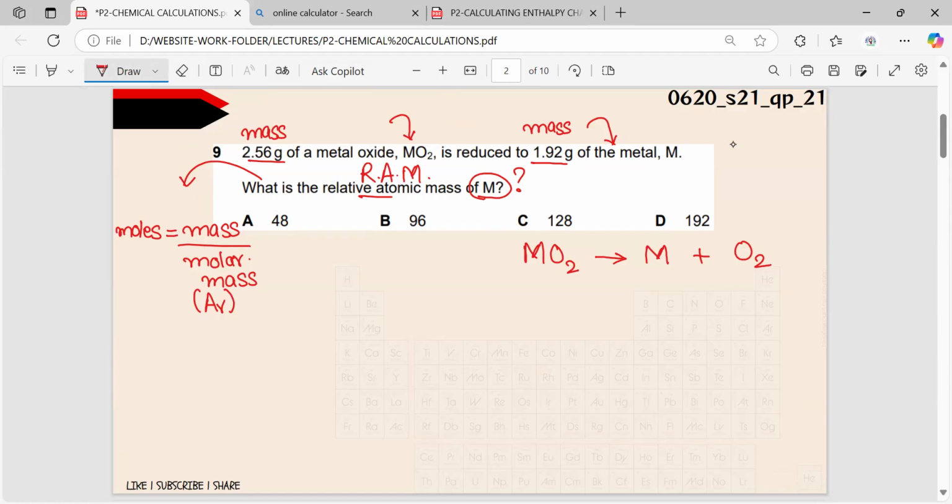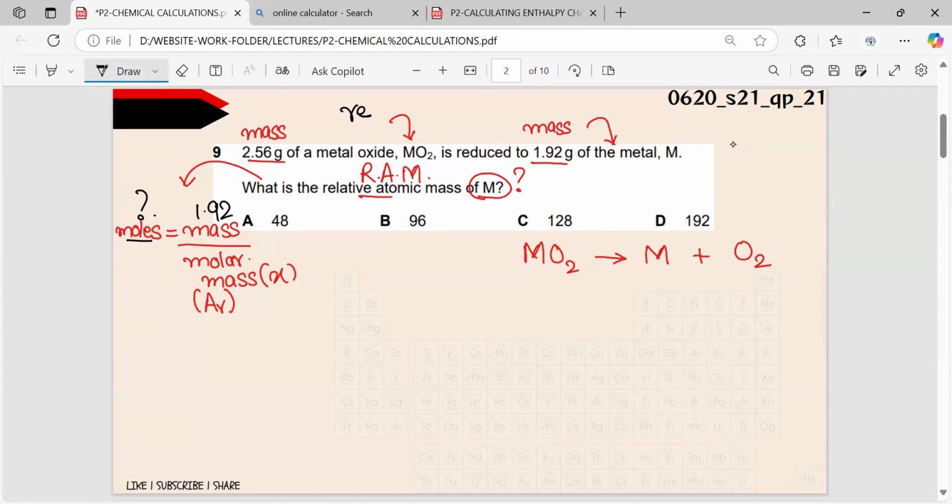Now here the problem is we need to find the molar mass, so we'll take it as X. The mass is given in the question, which is 1.92, but we don't have the moles of M. To find the moles of M, there's only one option: we can take the ratio.